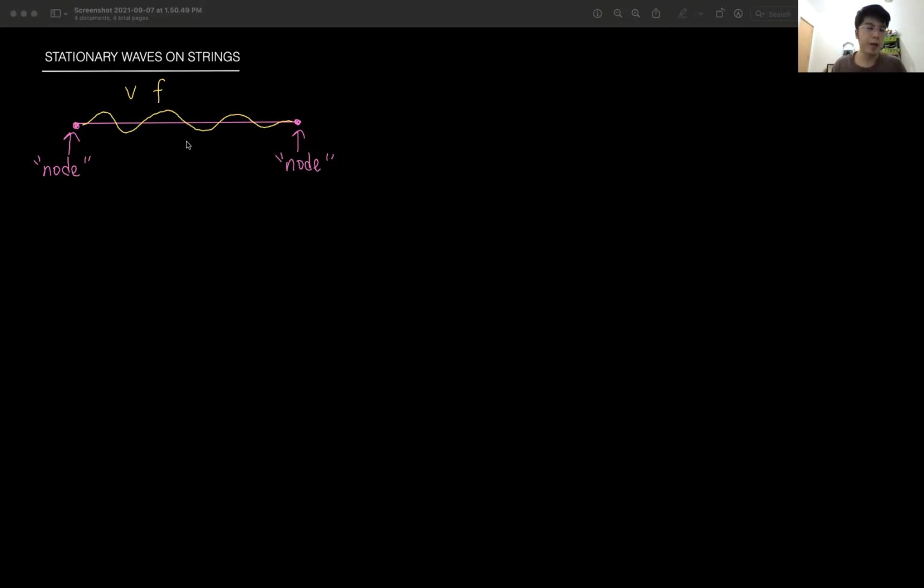Based on the principle of superposition, when you have a crest joined with another crest, it becomes double the amplitude. If you have a crest joined with a trough, it becomes zero amplitude.